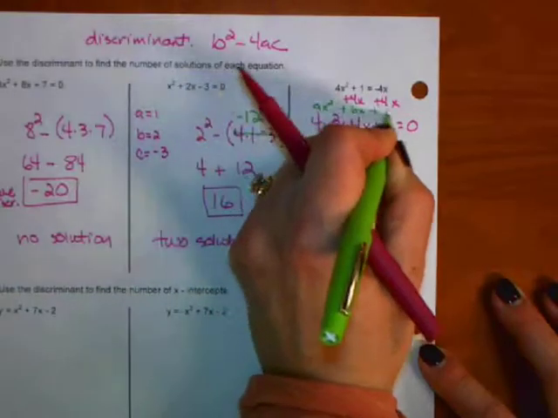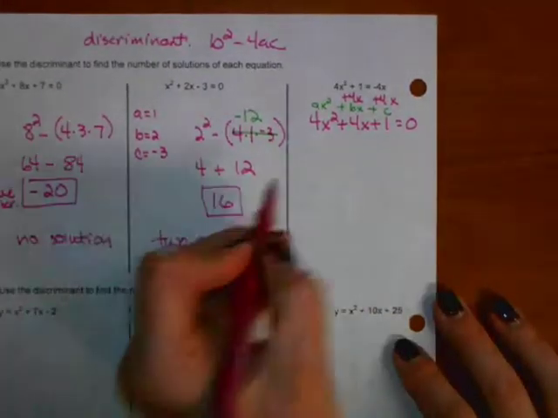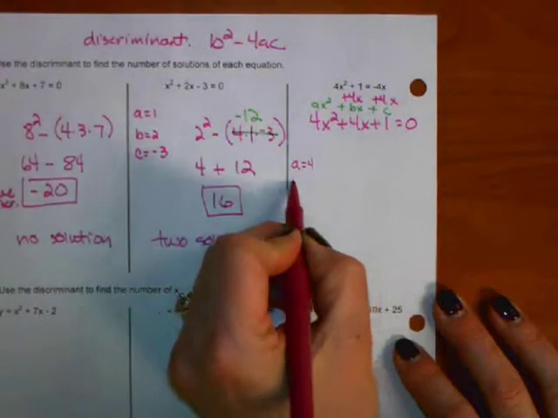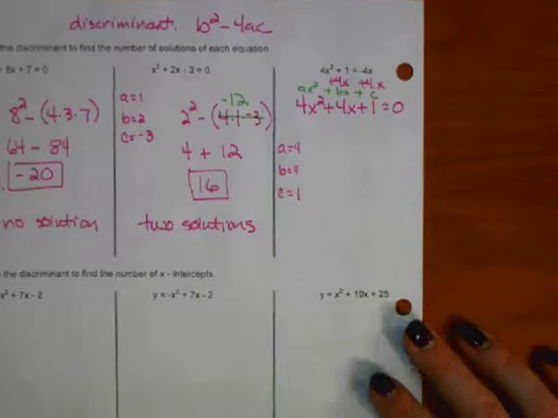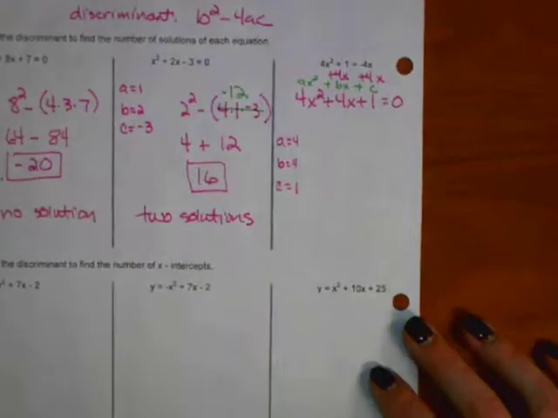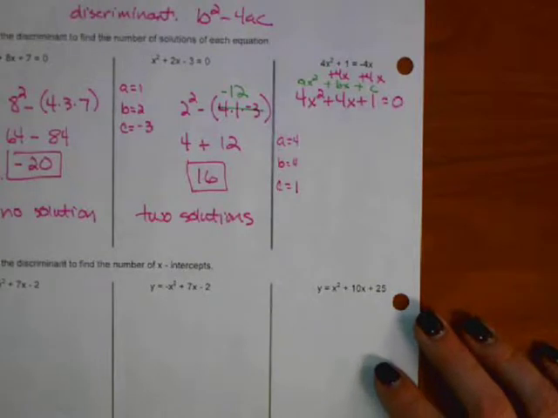You may not need to put it in the middle, but you have to be able to identify a, b, and c, so it's best to line it up. a equals 4, b equals 4, c equals 1. You finish that one, see what you get. Use the discriminant to determine how many solutions.